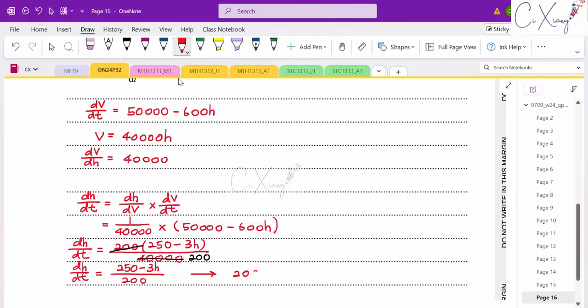If I bring the 200 over, I'm having 200 dH/dt equals 250 minus 3H.